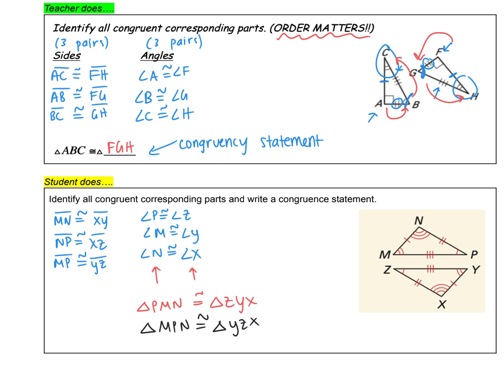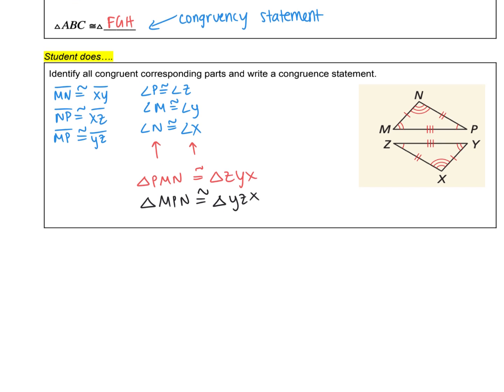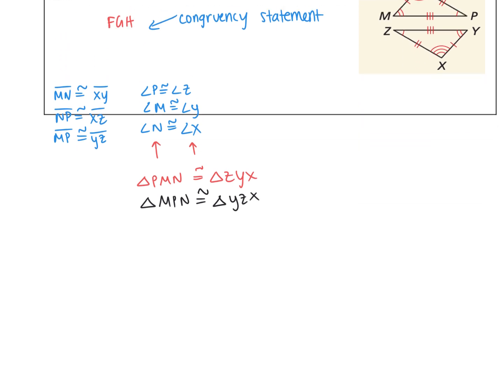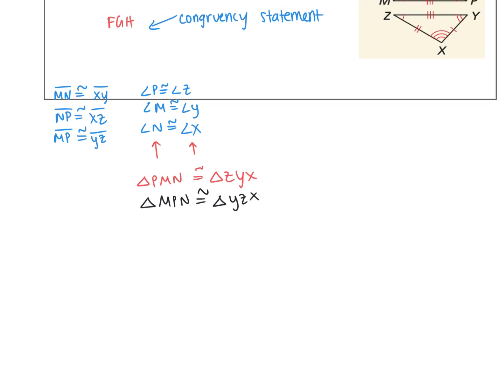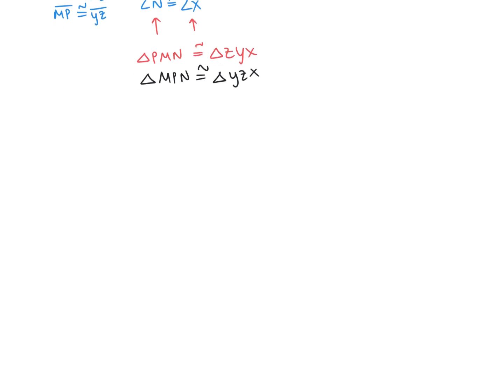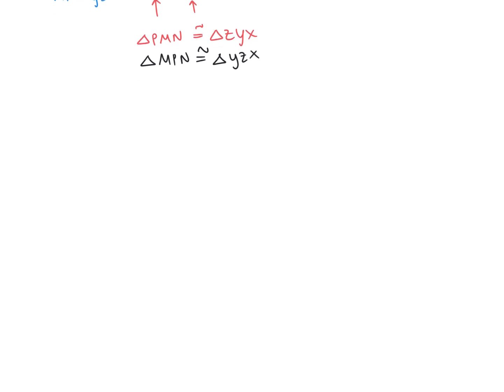Okay, we're going to write one more thing at the bottom. I'm going to tell you, this is what you're going to be expected to do on your quiz. You ready? If you are given a congruency statement, like triangle PHS is congruent to triangle GEO, can you guys write this down?